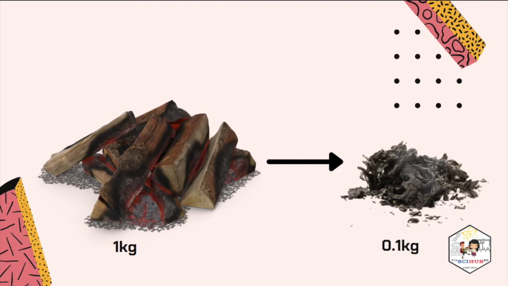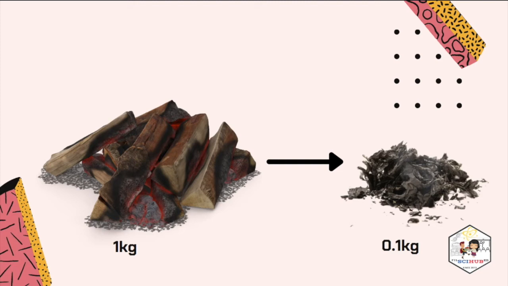Okay? So let's put weight, or mass rather, into our example, in order for us to visualize it more clearly. Kung kunwari bago natin sunugin yung mga kahoy, atin itong tinimbang, and we got 1 kilogram as its mass. After natin sunugin yung kahoy, kinuha natin lahat ng abo nito at tinimbang rin, at ang nakuha natin ay 0.1 kilogram. Now, if we made a setup where we could have gathered and collected all the gas it produced and weighed it, according to the law of conservation of mass, ang total mass nun dapat ay 0.9 kilograms.